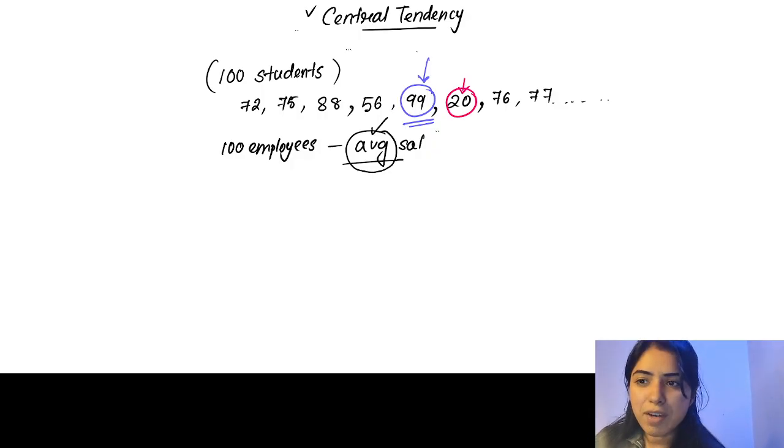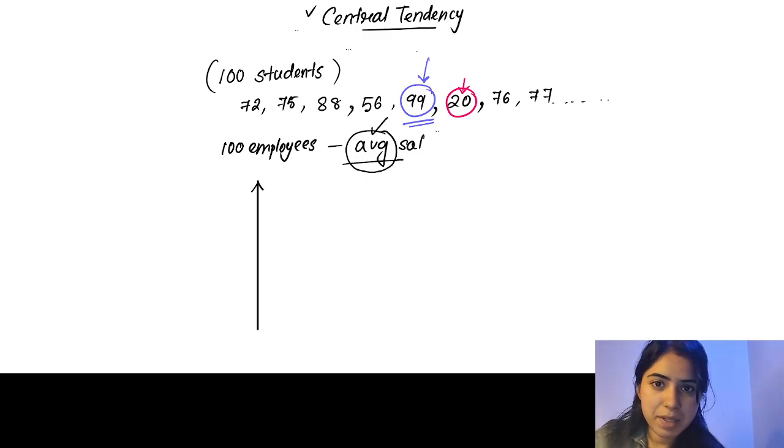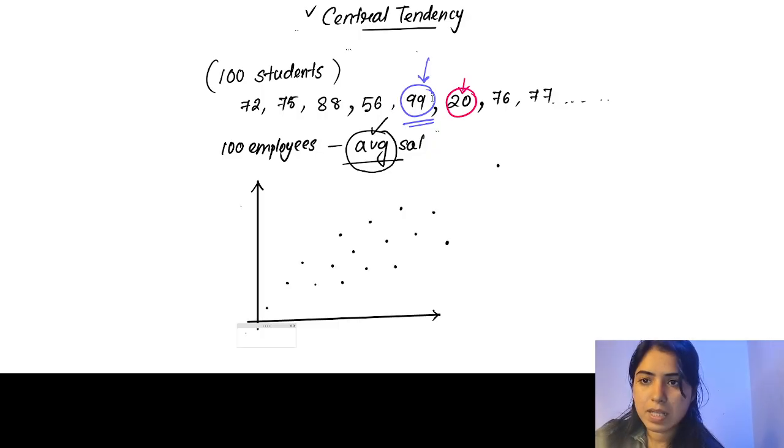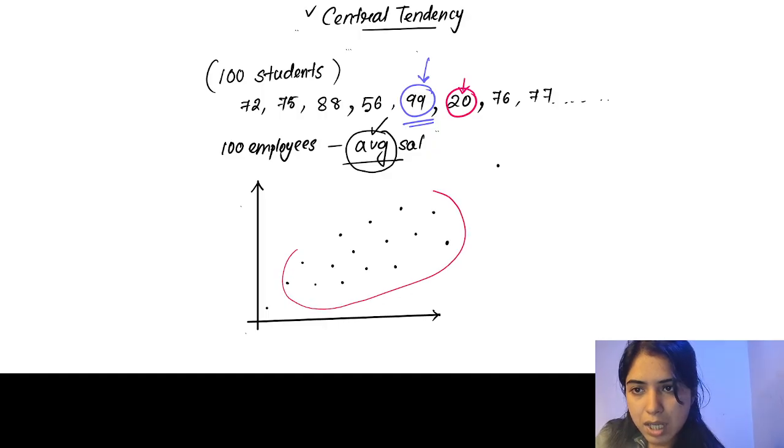I'm giving one diagrammatic representation of central tendency. If I plot the data points, let's suppose they look like this. As you can see, all these values are clustering in one place. This value is too high and this value is too low.